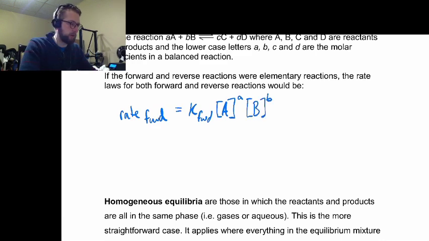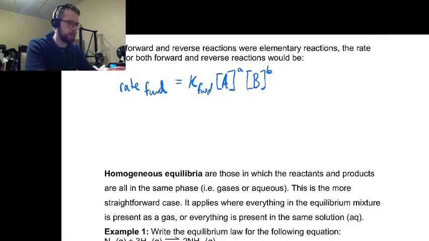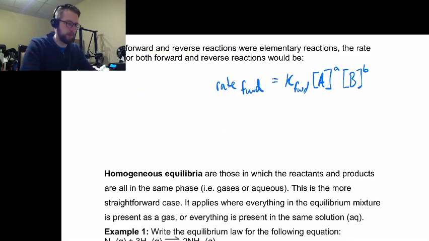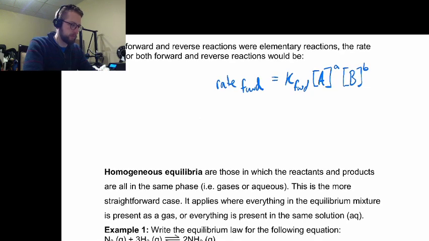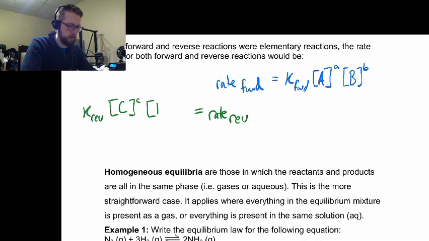And by that same token, we could create a similar equation where we say that the rate of the reverse reaction is equal to k_rev times [C]^c times [D]^d.